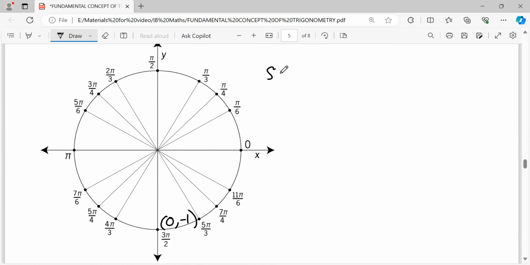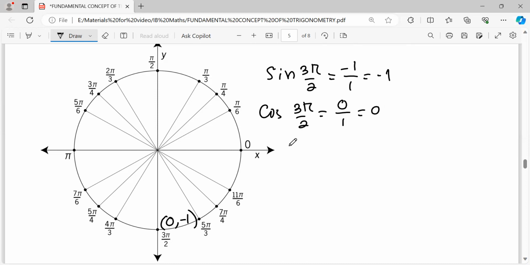So sine 3 pi over 2 equals negative 1 over 1. It's negative 1. Cosine 3 pi over 2 equals 0 over 1 equals 0. Tangent 3 pi over 2 equals negative 1 over 0 equals undefined.